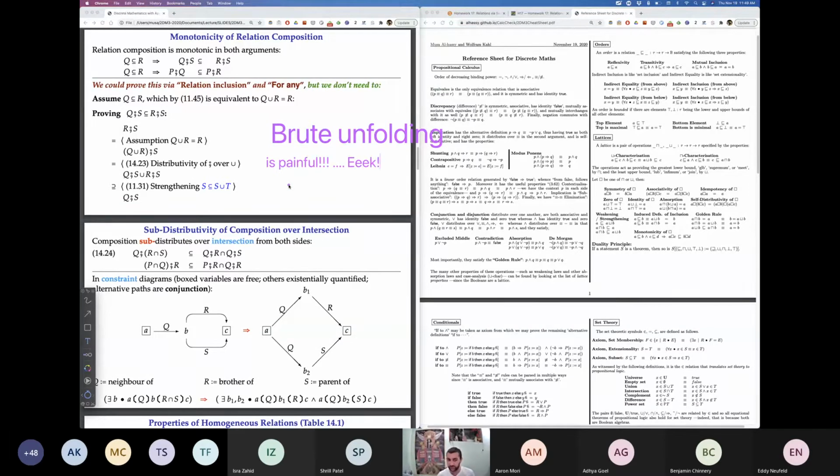So are there any questions in particular about this proof right now? Does anyone have any concerns or queries? Does anyone know what we're talking about?